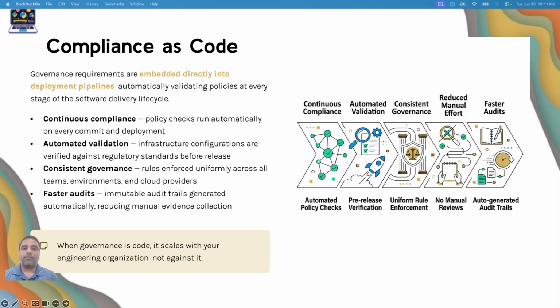Rules are enforced uniformly across all teams and all environments, and audit trails are generated automatically. The bottom line: when governance is code, it scales with your engineering organization, not against it. So compliance becomes an accelerator, not a bottleneck.